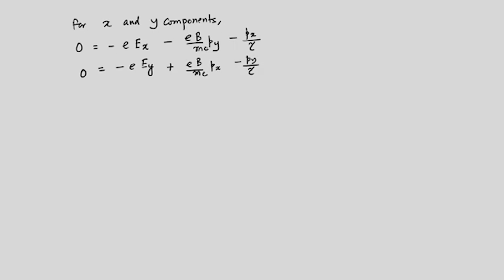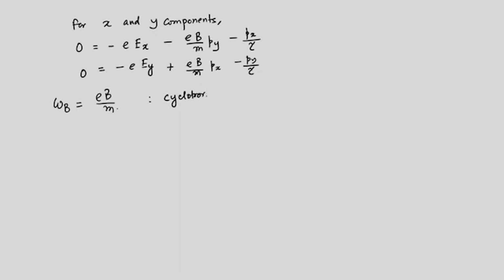We do not write that, since we are writing in SI units, so that c will not be there. And if you now define a quantity omega b equal to eB over m, a lot of texts actually write it as omega c, because it's called the cyclotron frequency.